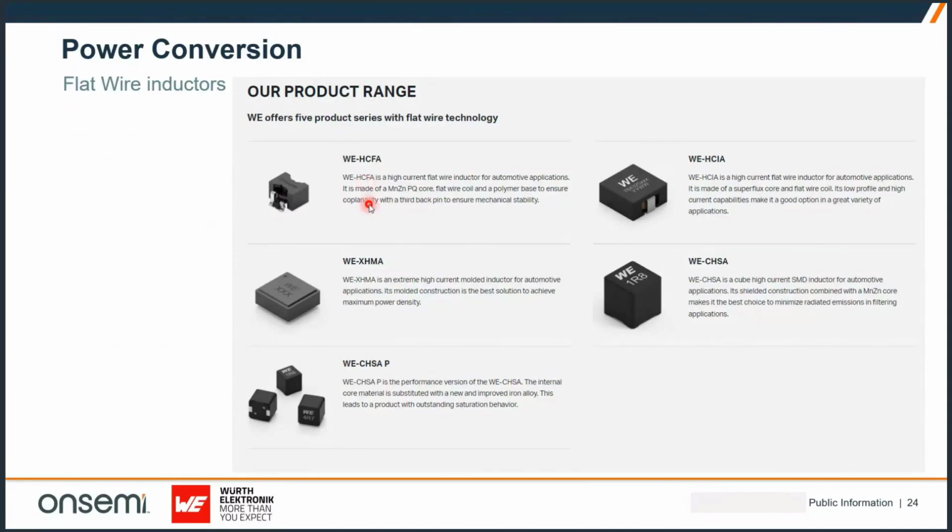And these flat wire inductors come in different sizes, they have different core materials, and of course different properties that fit most of the applications that you would need in the automotive or the car development.